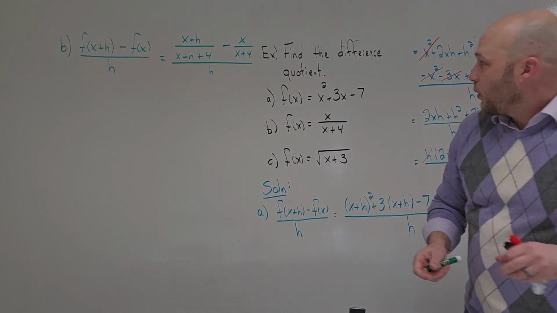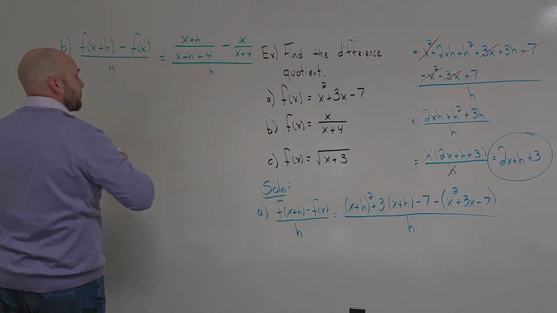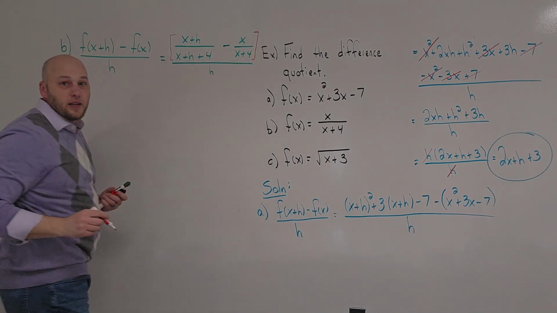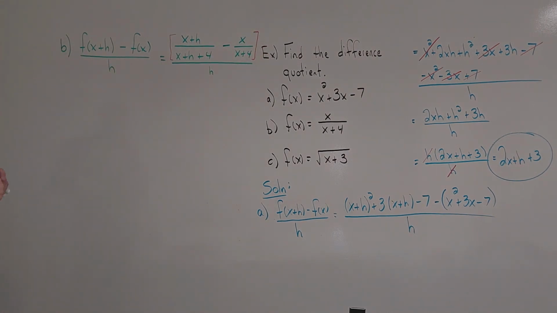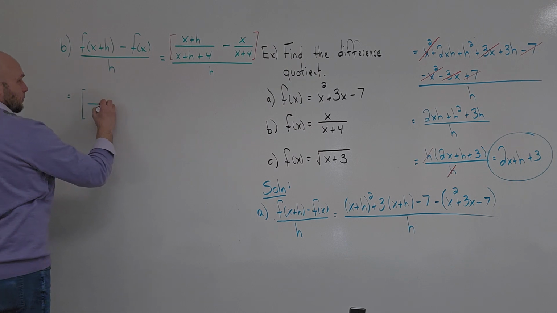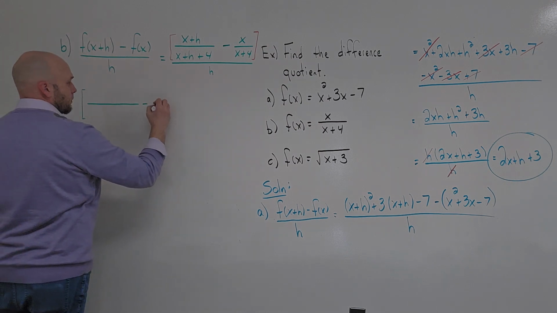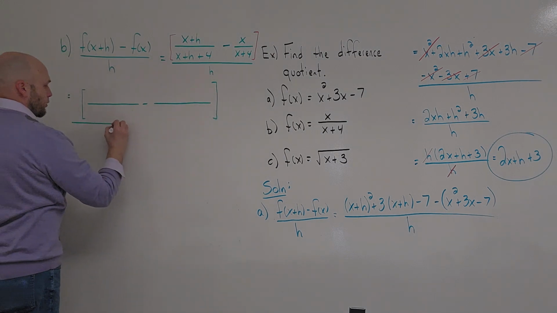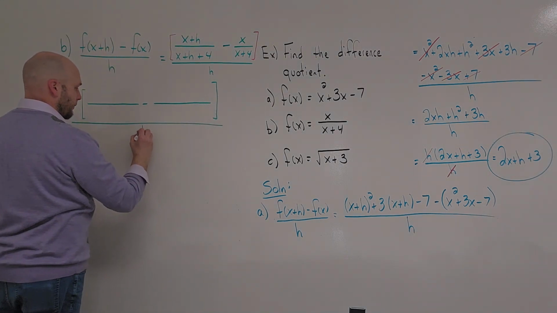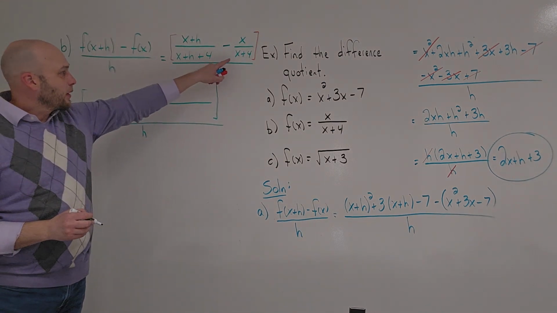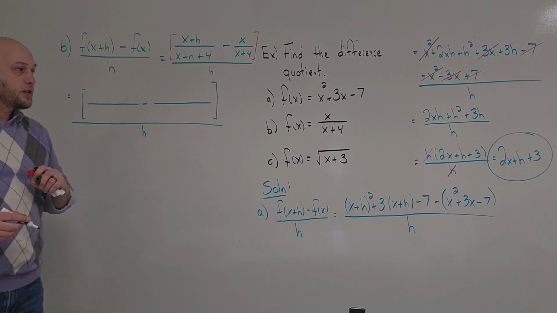To simplify that, I'll start by combining these two terms up here so that they have a common denominator. Let's just start by putting in our formatting. The common denominator between this term and this term would be just the product of their denominators.